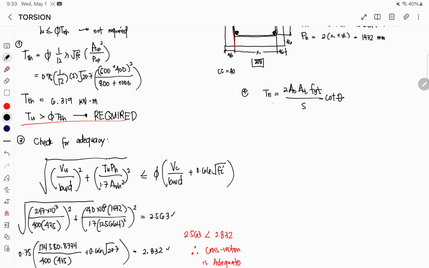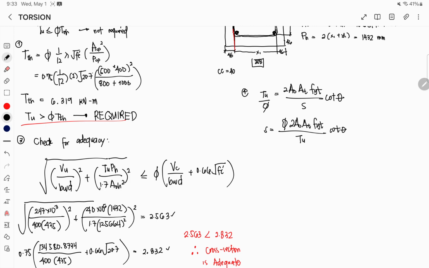So for the value of Tn, it is just equal to Tu over phi. No? So, palitan natin ng Tu over phi. So, rearrange the equation. We have the value of phi 2A sub O AT FYT over Tu cotangent theta.